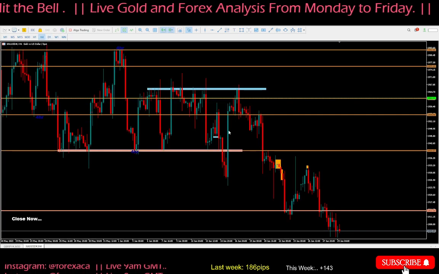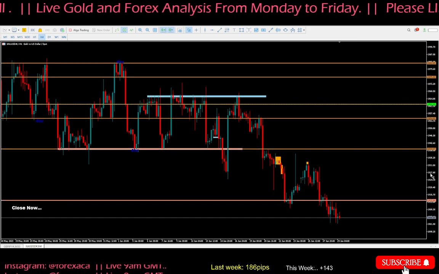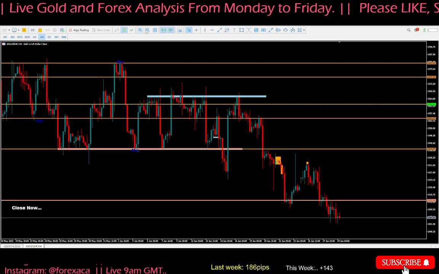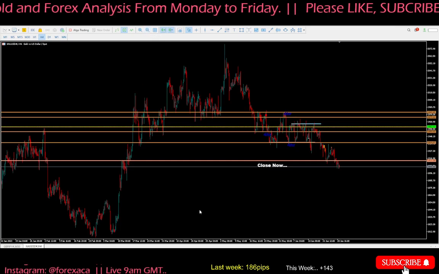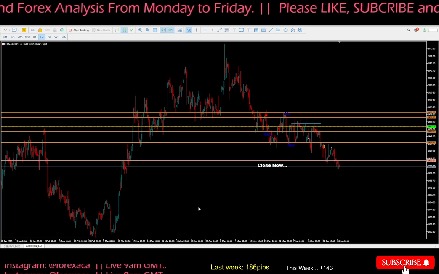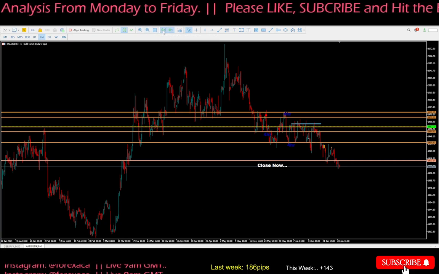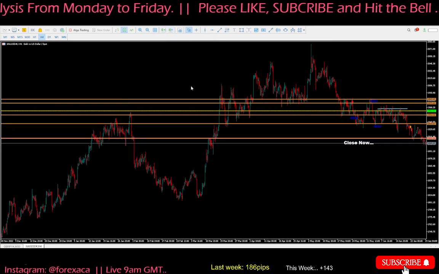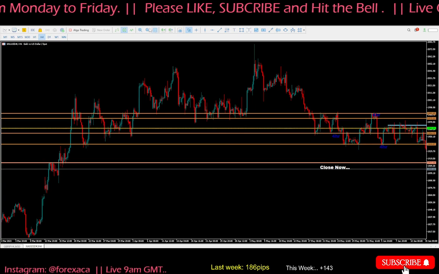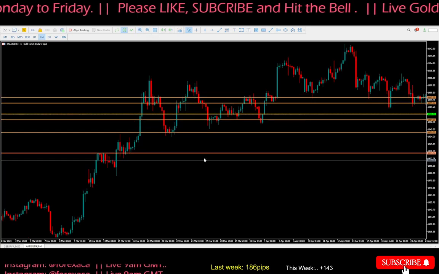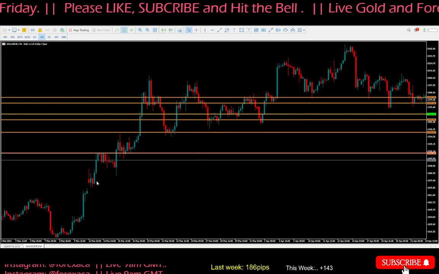So basically, if we look at the 4-hour time frame, we will be trying to get a range of where we think we're going to put our zones. Currently we've just breached the zone, and that is the zone that we're looking at.